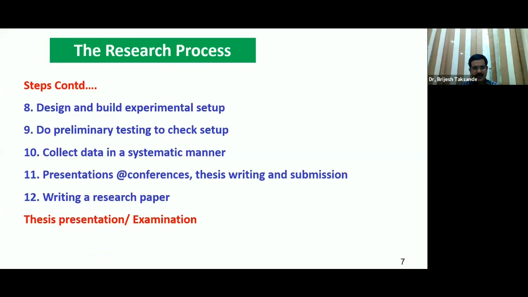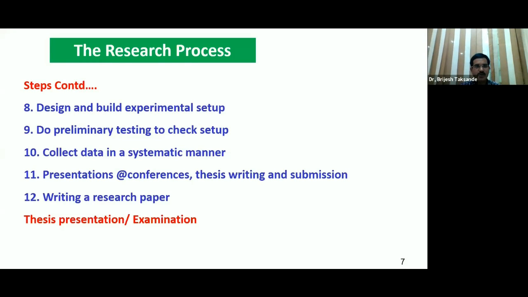Then the next steps involved in the research process are design and building of the experimental setup. So you will have the complete idea that these are my finalized experiments which I need to carry out at my laboratory, and they should be completed within the span of 7 to 8 months.